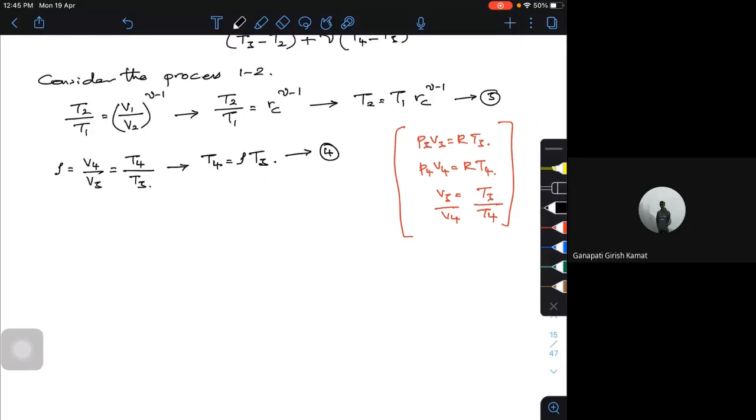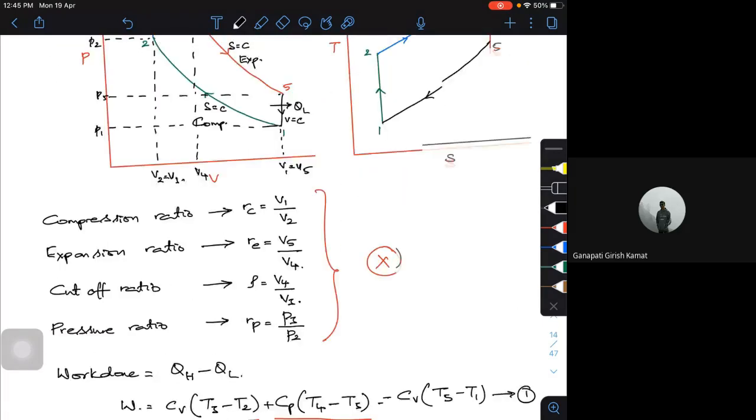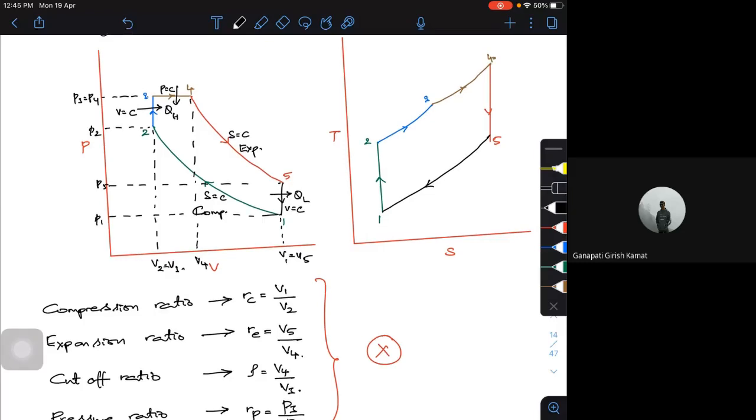Now what is my pressure ratio? Rp is equal to P3 by P2, which is equal to T3 by T2, because my volume is constant.